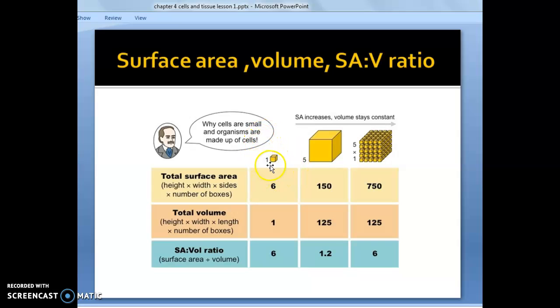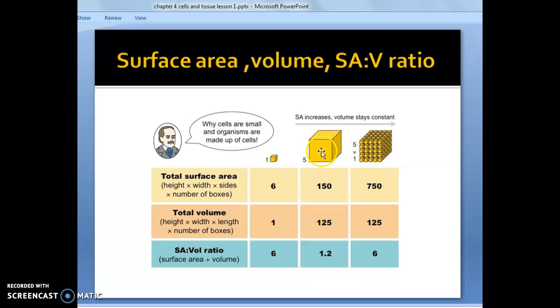Why cells are small and organisms are made up of millions of cells, we will come to know after discussing the calculation of surface area, volume and surface area to volume ratio. Here you can see a small box, and the length of its one side is 1 unit.